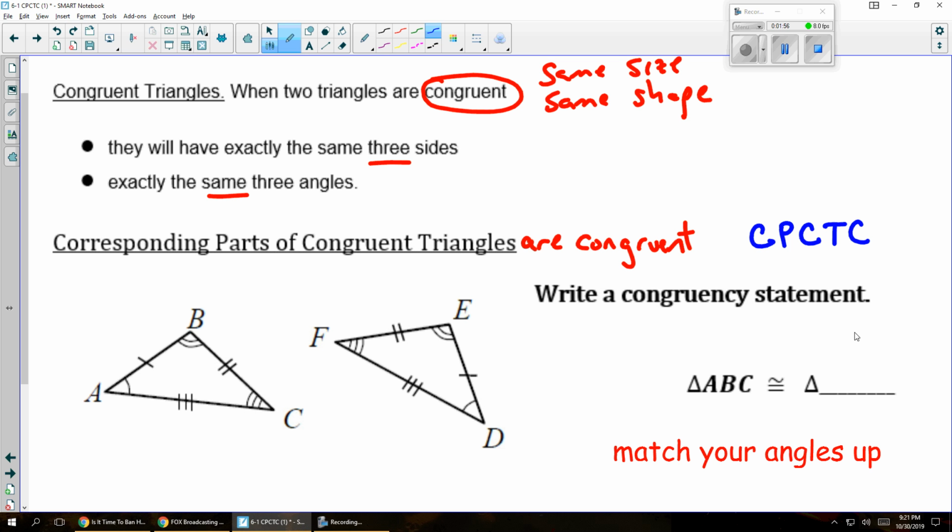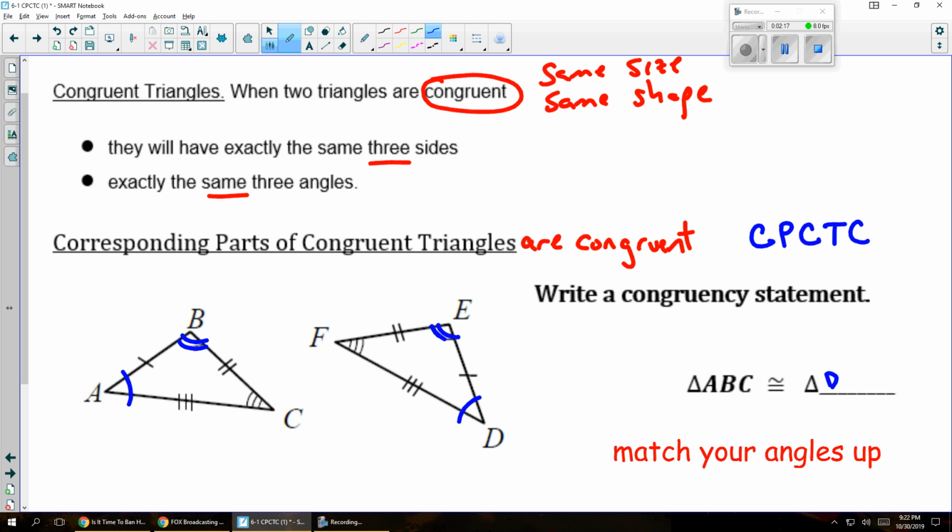Now, if I look at these triangles that are listed here, angle A has one mark in it, and that corresponds with this other triangle's angle D. So we want to write the letters in the same relative order. So if A matches with D, D needs to be the first letter. B has two marks.